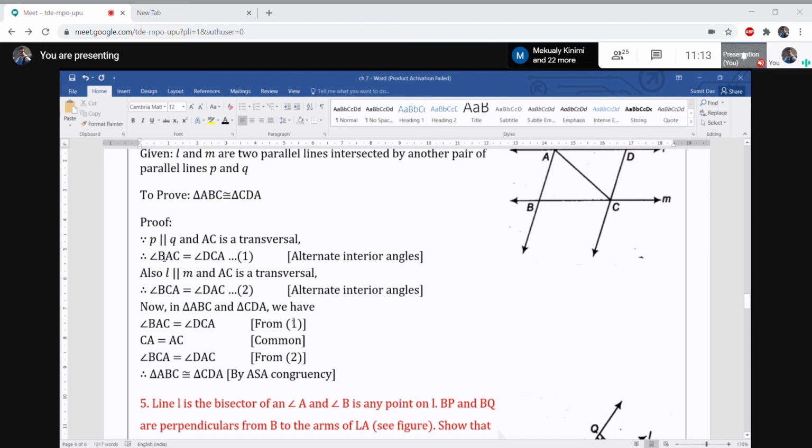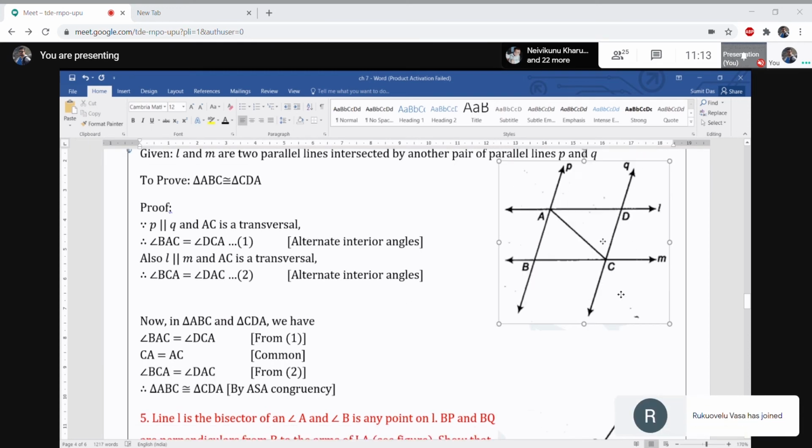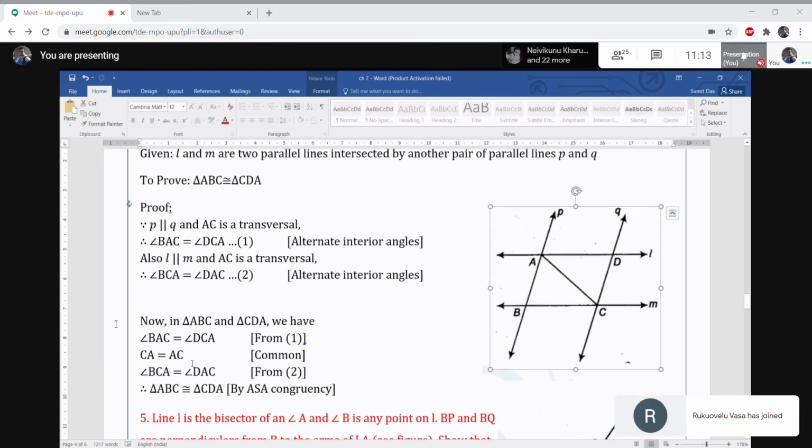So we already proved these two things. Now in triangles ABC and ADC, or CDA, angle BAC equal to ACD, or DCA, from 1.